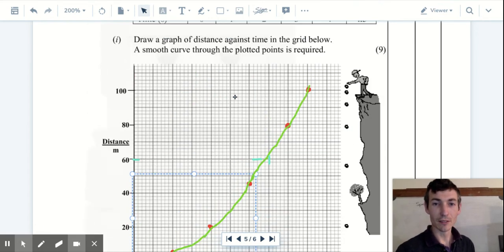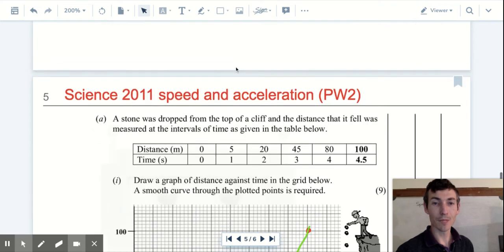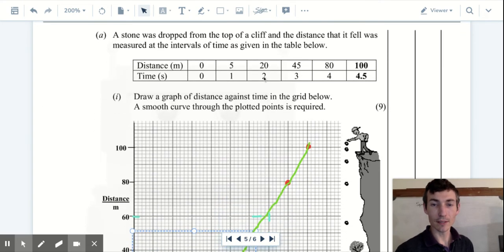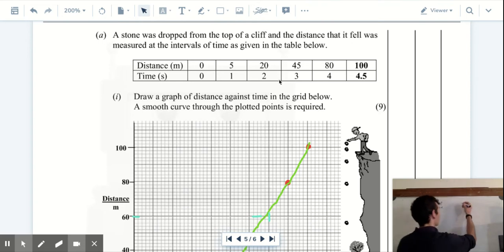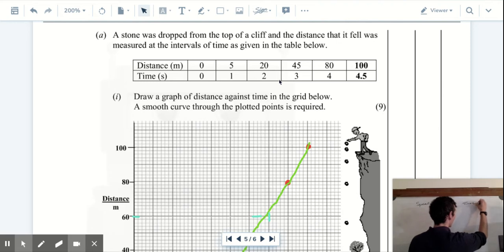Okay, so the second and fourth second. Now the time taken is going to be equal to, so it's going from 2 seconds all the way to 4 seconds.